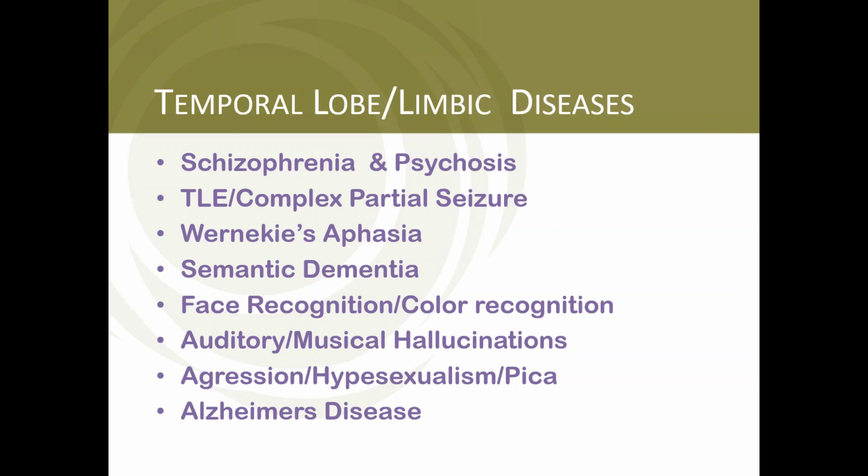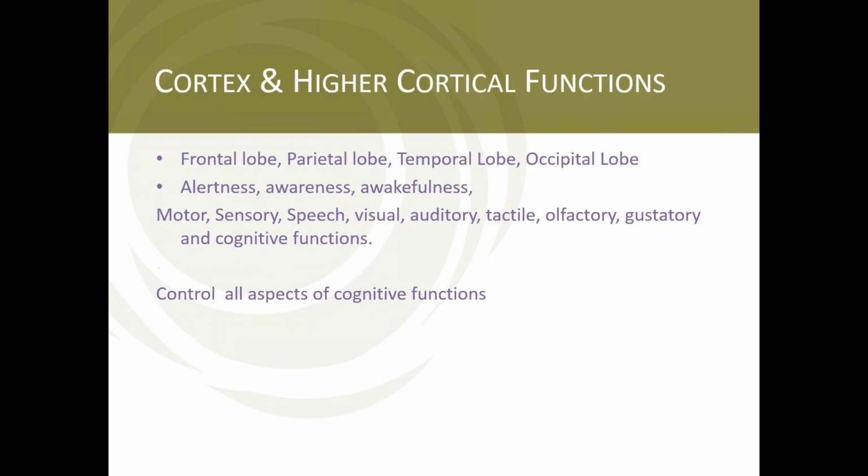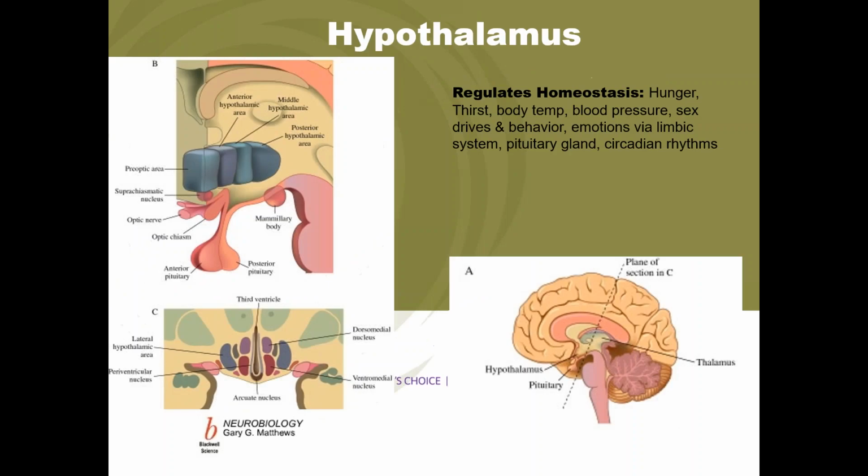So what I'd like to talk about is, I think I covered a little bit on the hypothalamus, the mammillary body. Talked about the emotional circuitry and the limbic system on my first slide. But this is basically the entire hypothalamic function. It regulates hunger, thirst, body temperature, sex drive, behavior, emotion, the pituitary gland, and of course, we all know circadian rhythm, which controls our sleep-wake cycle.